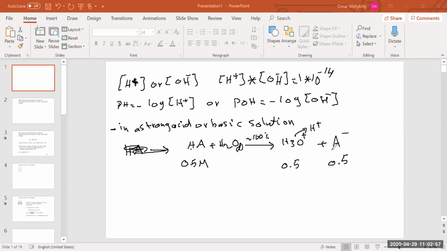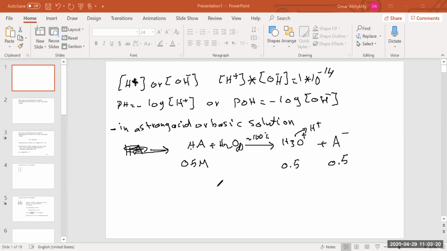Remember, for the concentration of an ion, you multiply the mole-to-mole ratio between the ion and the compound with the concentration. So if you have, for example, 2 H, you will multiply 2 times 0.5. 1 H, 1 times 0.5. Like I'm saying 0.5, just assuming the concentration is 0.5.